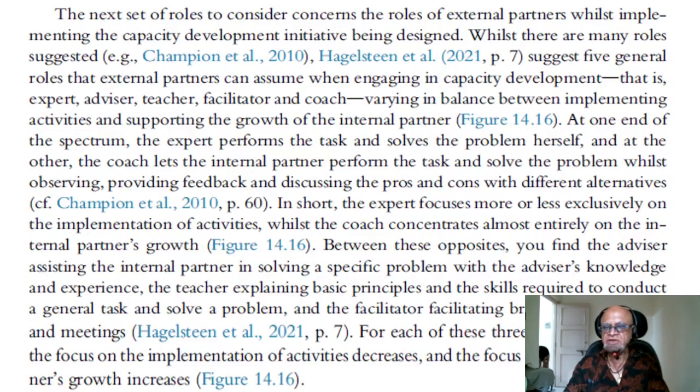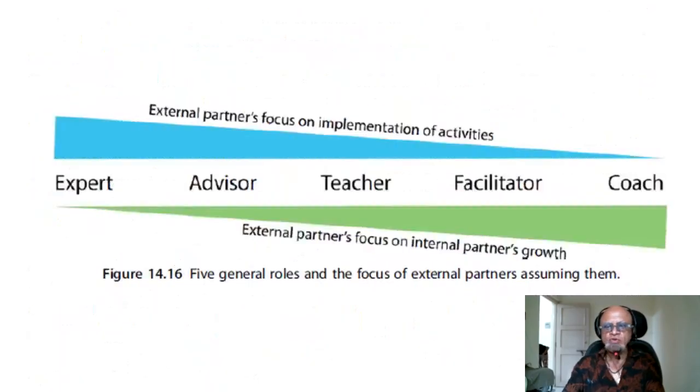For each of these three intermediate roles, the focus on the implementation of activities decreases, as we saw, and the focus on internal partners' growth increases. So that's what we mean by these reducing size of the role of the external partners versus ownership by the internal partners.